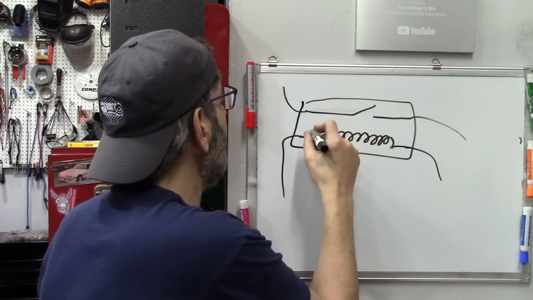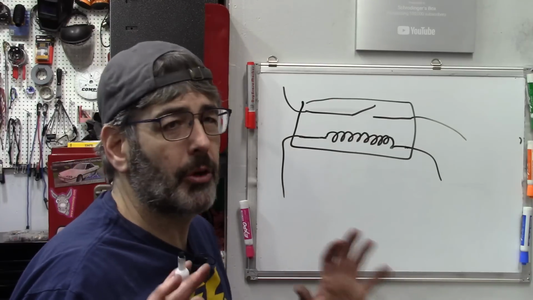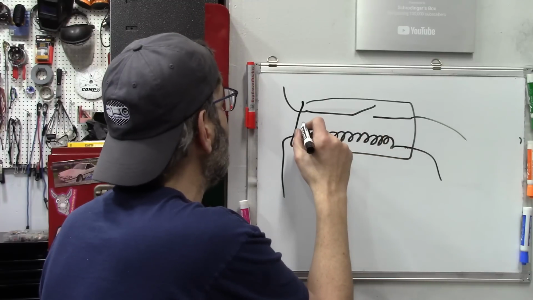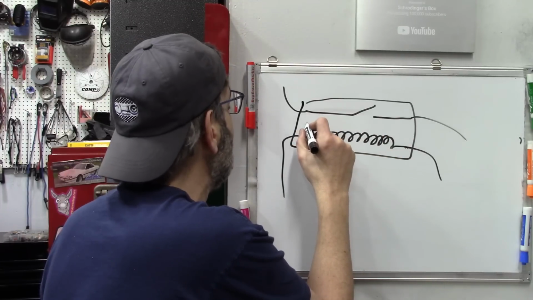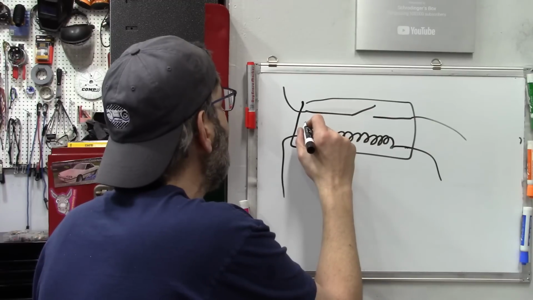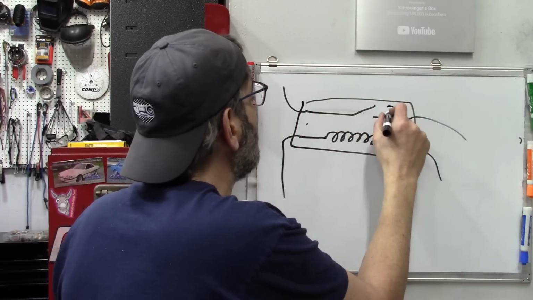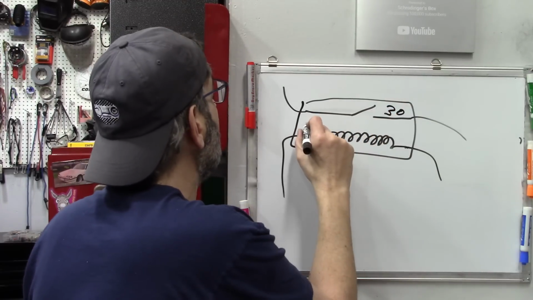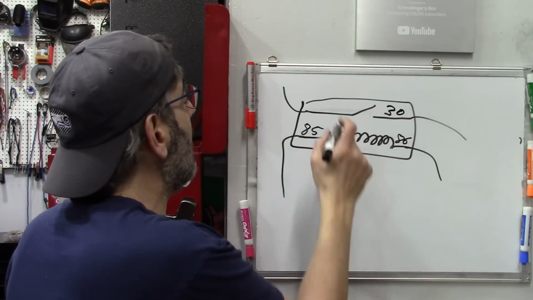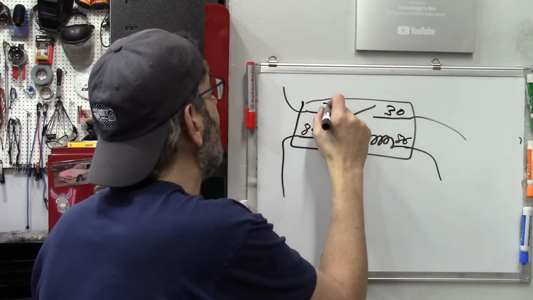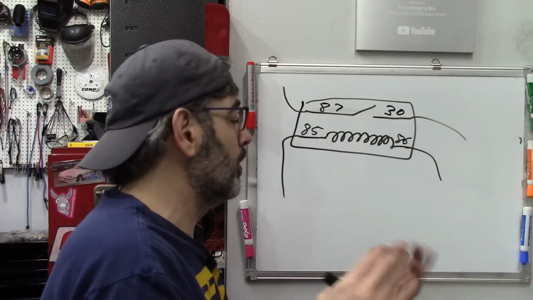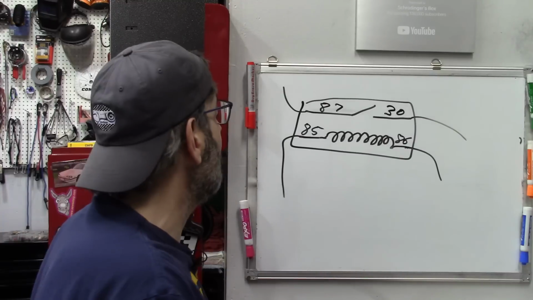You will also have designations here, and I don't particularly remember what they are. You're going to have a 30 on the load side here. So you may have 85 and 86, and then the number here would be an 87, I believe. You got 85, 86, 87, and 30 generally on most relays, like a GM or something.